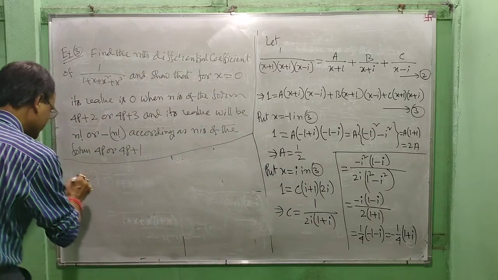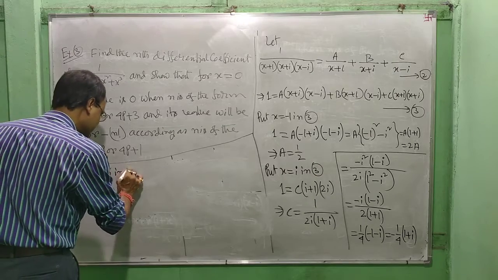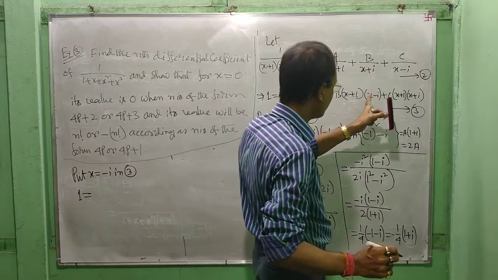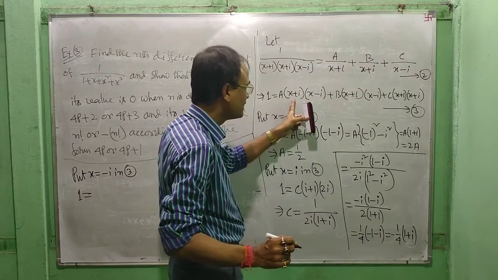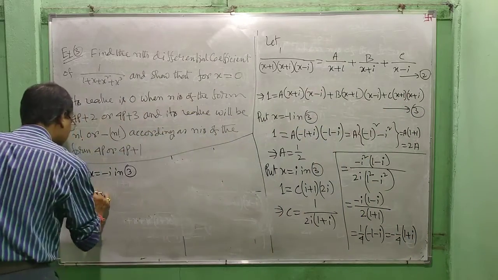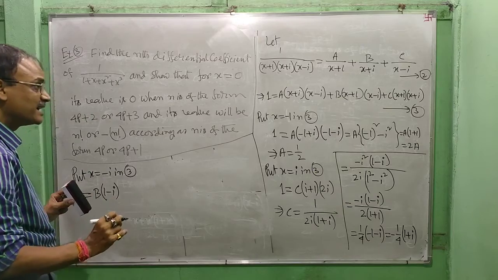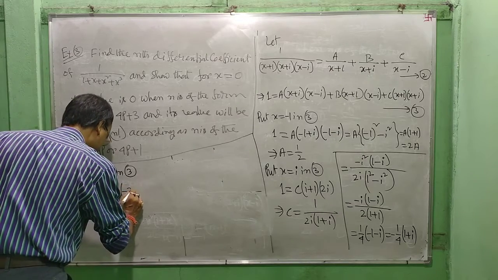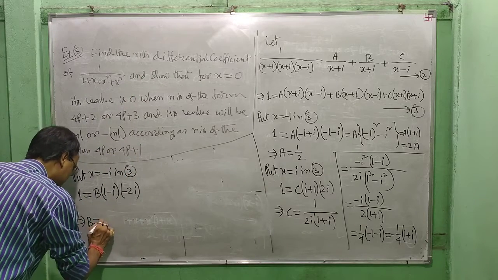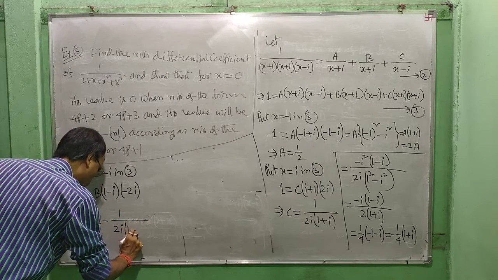Now put x is equal to minus i in 3. You will get 1 is equal to b into (1 minus i) into minus twice i, since the other terms will be equal to 0. This means b is equal to minus 1 divided by twice i (1 minus i).